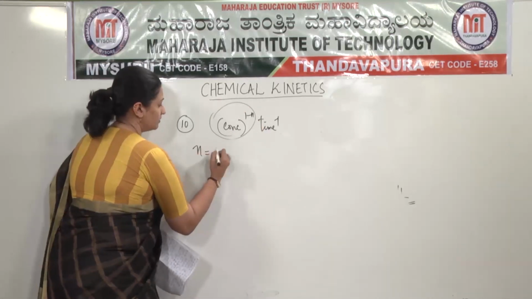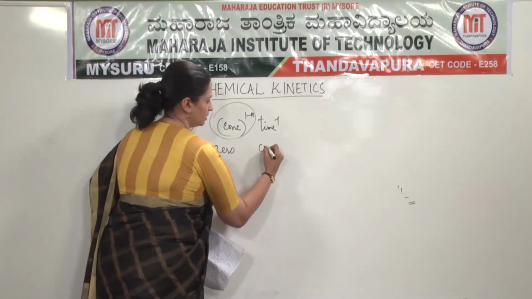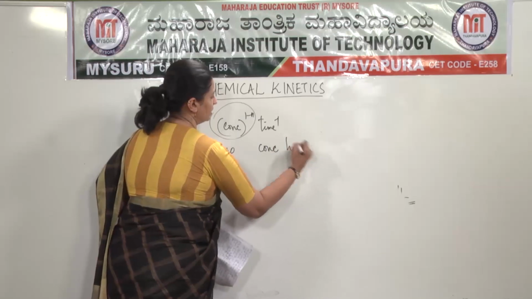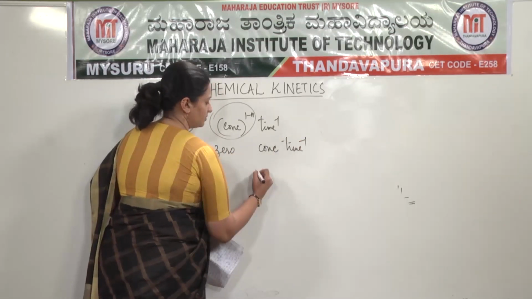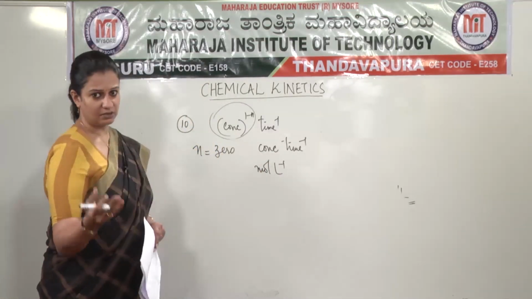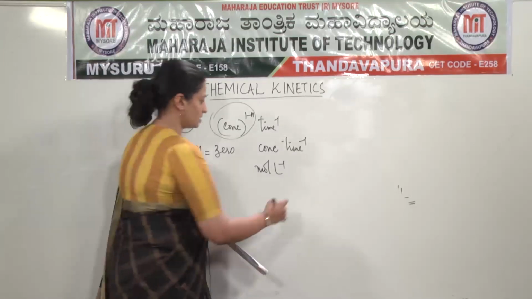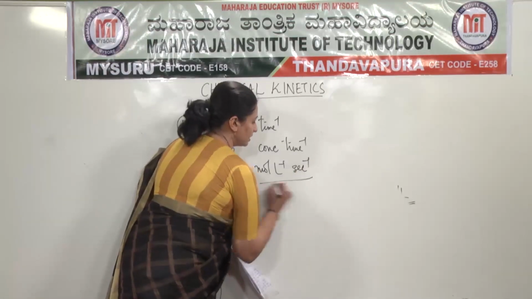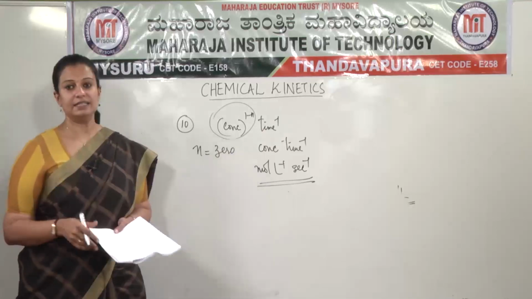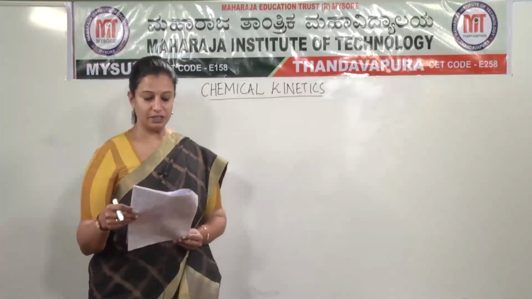In the question it is given that n is equal to 0. So if n is equal to 0, the unit of K will be concentration time inverse. So concentration time inverse means mole liter inverse, and it can be second inverse or minute inverse depending on the option. So here I have mole liter inverse, second inverse. So answer is option C. So the next question is the 11th one.